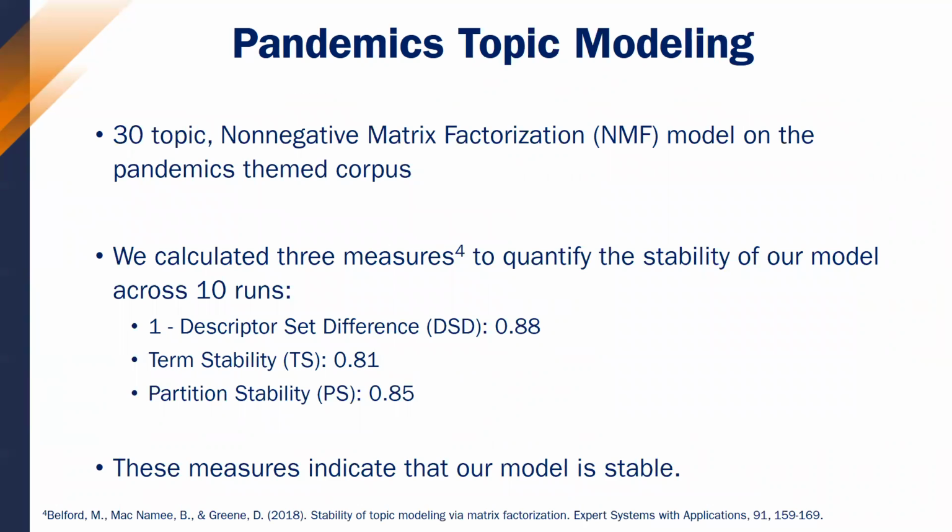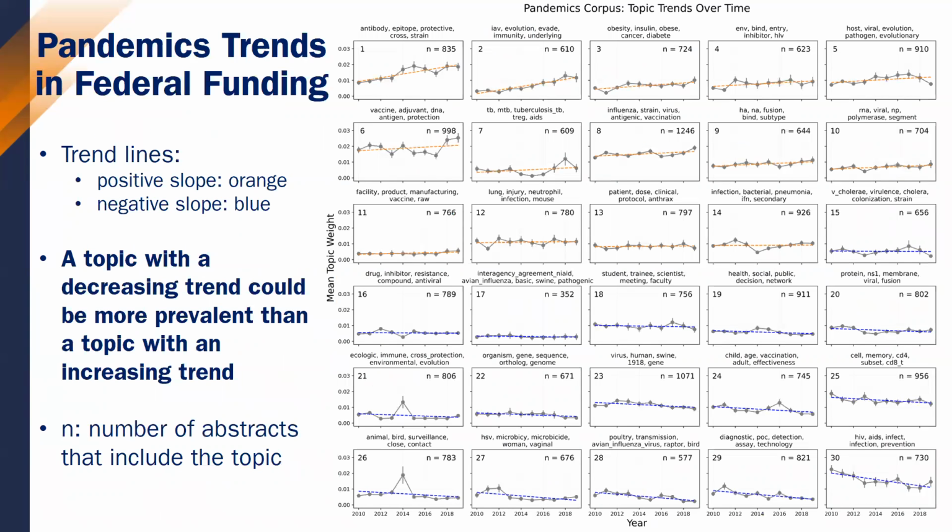Again, we run a 30-topic NMF model on this corpus, and we calculated the 3 stability measures. And again, we found that our model is in fact stable. So here are the results, and the figure is set up exactly the same as it was for the AI case study.